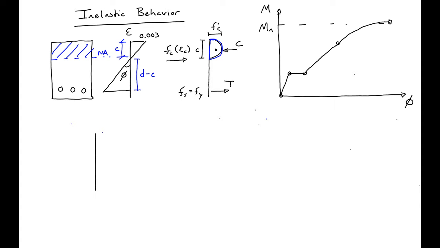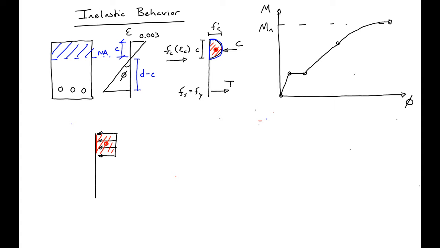So the rectangular stress block, or the Whitney stress block, will have some height and some magnitude assuming an equivalent area. So what we're looking for is this area to be equivalent to this area, and we want to have the centroid of this area be equal to the centroid of this block.